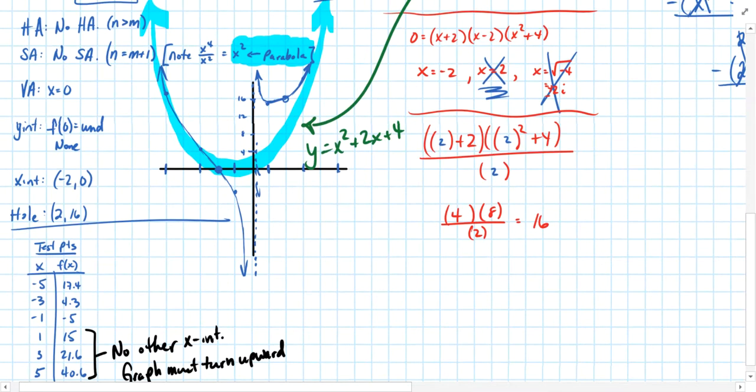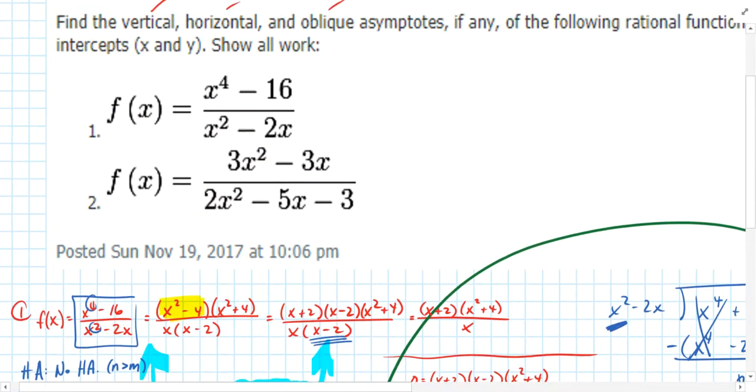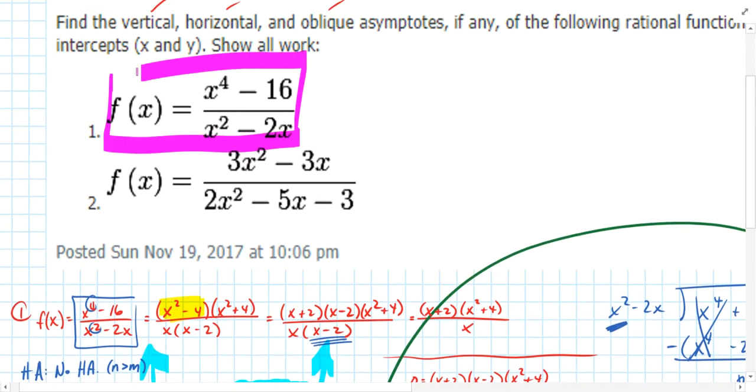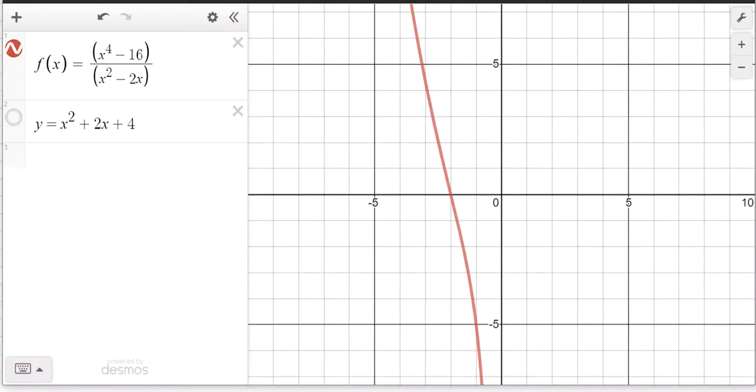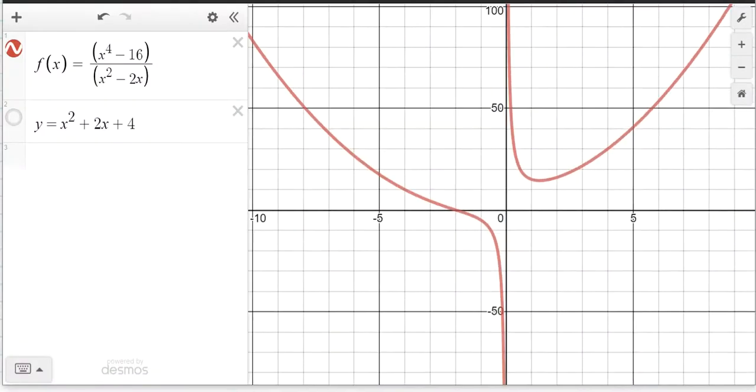So now let's go out to Desmos and see what we can see with regards to this original function. What does this equation look like? Well, here we go. I will zoom out just a little bit.